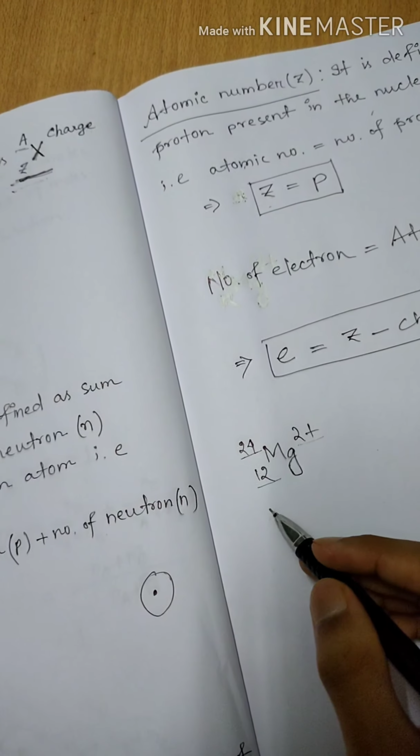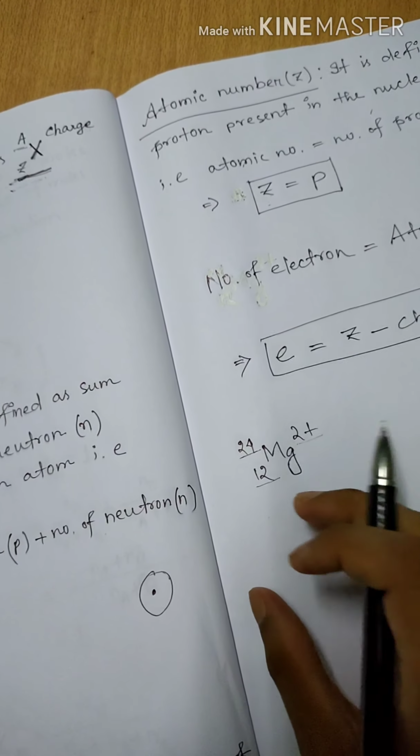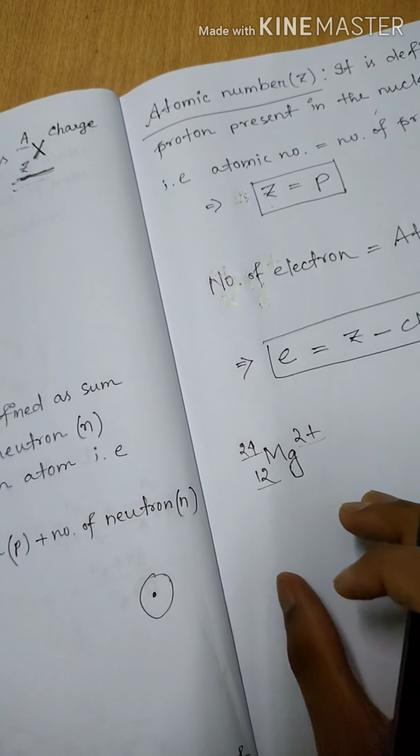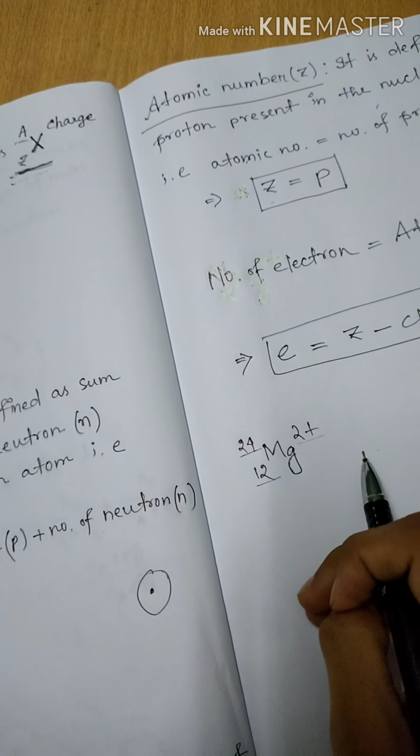Now we are to find the number of electrons, protons, and neutrons present in this atom.